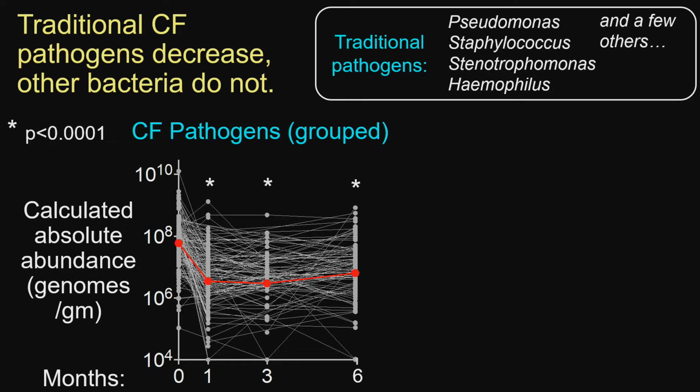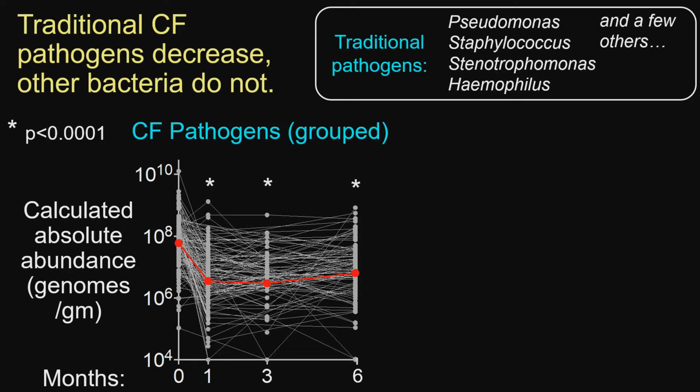And so I'm going to show you one piece of data that relates to this, in which we grouped up all the CF pathogens together, these and the others that I mentioned, and all the other bugs that did not qualify or were not categorized as a CF pathogen.